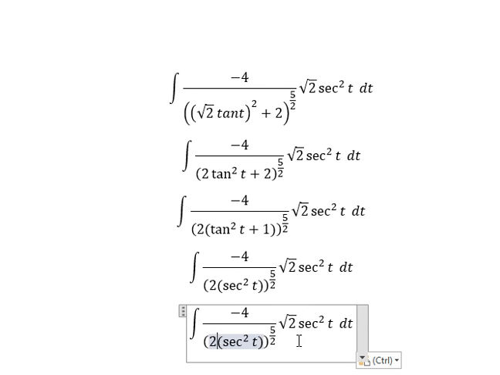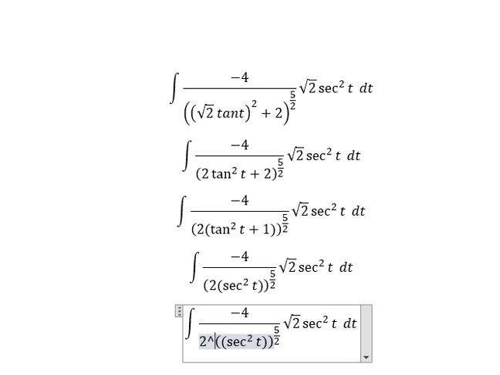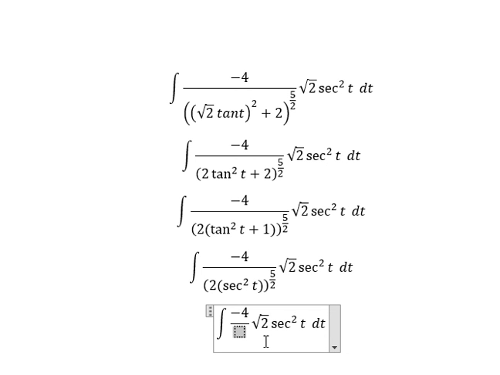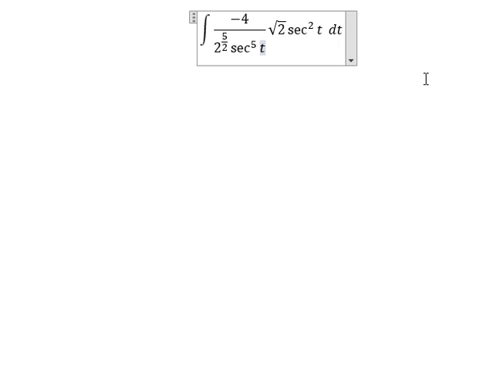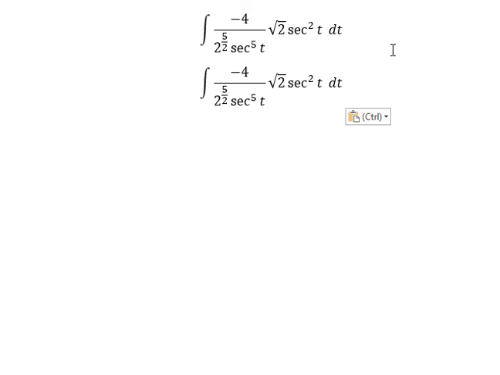So we have number 2 to the power of 5 over 2. And this one we have secant of t to the power of 5. So we simplify the number in here, and we got number 1.